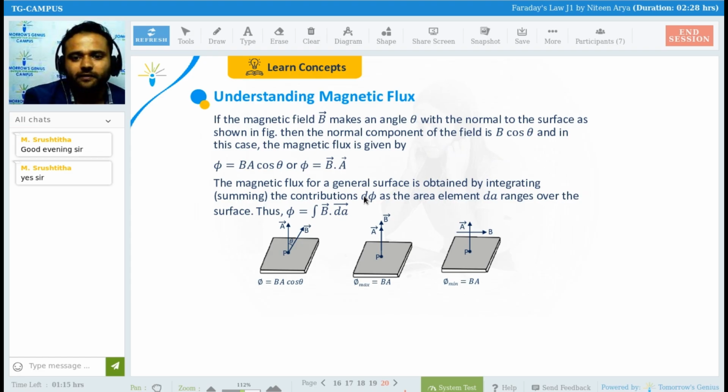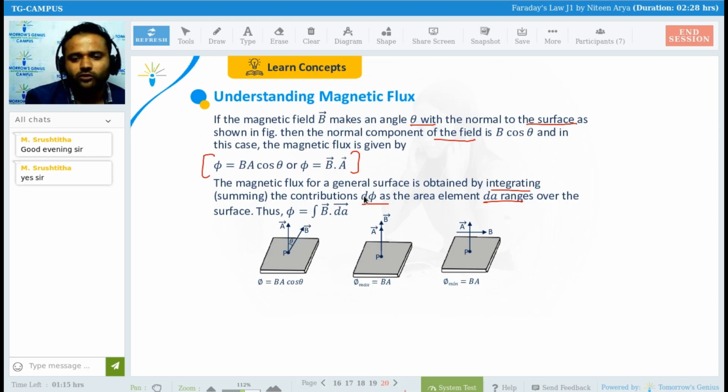If the magnetic field B makes an angle theta with the normal to the surface, as shown in the figure, the normal component of the field B is B cos theta. Normal component of the field is this particular component. In this case, the magnetic flux is given by phi = B A cos theta, or phi = B dot A. The magnetic flux for a general surface is obtained by summing, meaning how many lines are passing through, the contribution of d phi as the area element dA ranges over the surface.